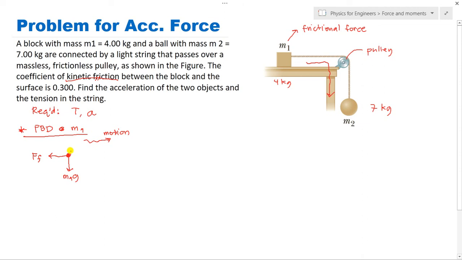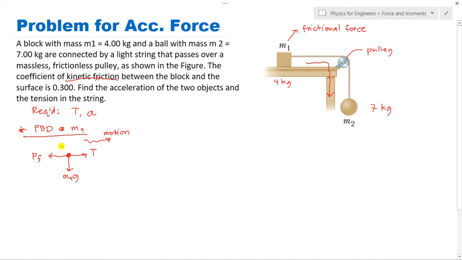And what else, class? What else? Unsa pa man jud may act sa ato ang system? Tension. So since na may string, so this would be the direction of our tension. Gibira niya si mass 1. What else, class? Naa pa jud. REF. Okay, so what is the direction of our REF? That is opposite to our motion.